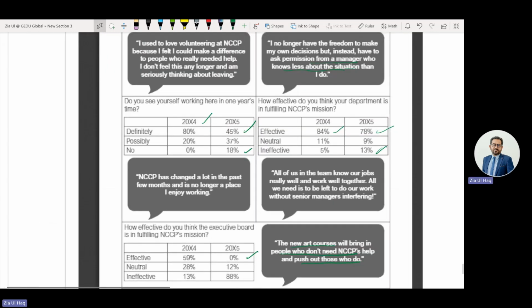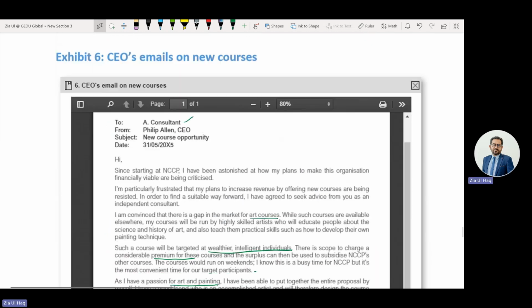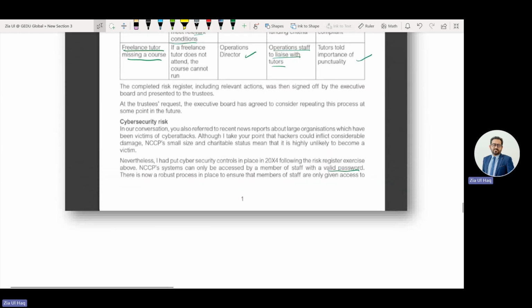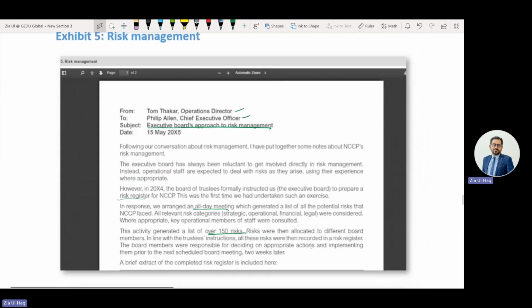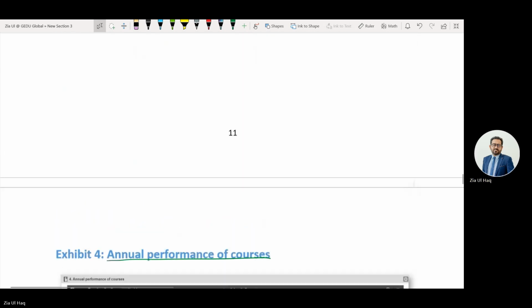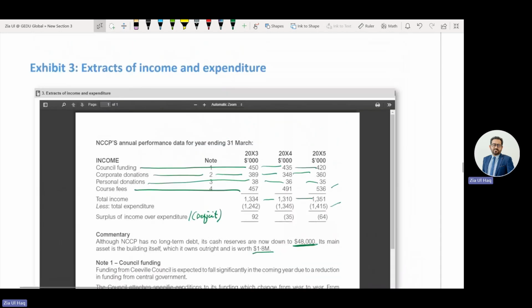We got some information about the company, what courses they are offering, and what the performance of those courses is. The new CEO wants to implement a new course relating to art, and he has given us a proposal.